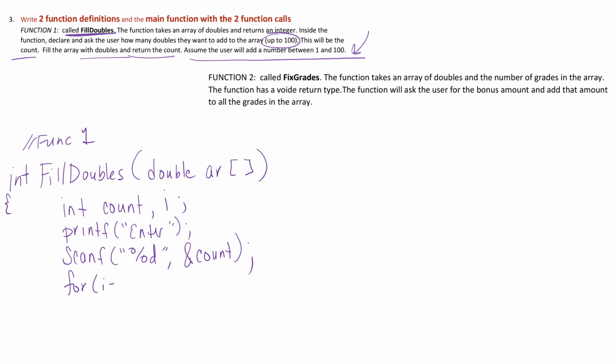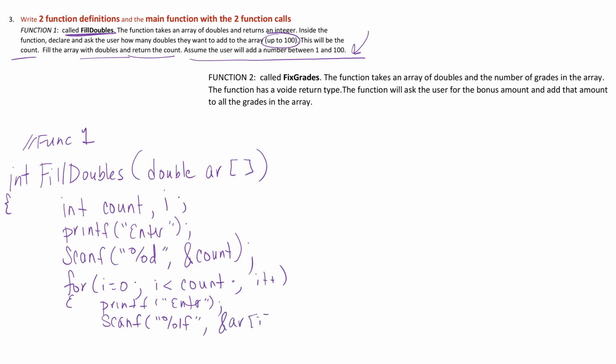For i equals 0, i less than count, i plus plus. We're going to fill the array. So we're going to printf, enter, this is for each element in the array. We're going to scanf %lf into the address of the array at index i. So this is going to fill in each item in the array up to count. So if there's 10, it's going to go from 0 to 9, and then count will be 10.